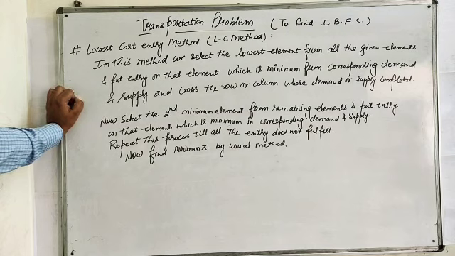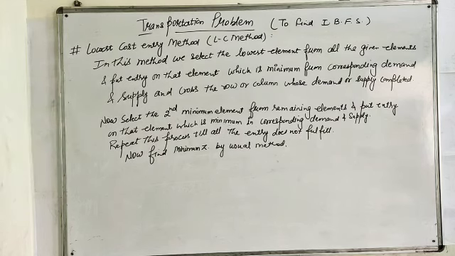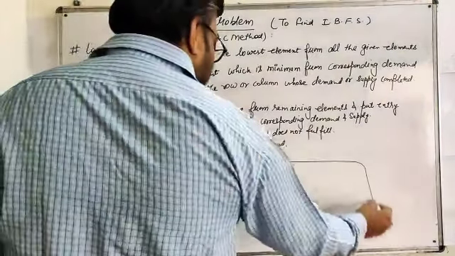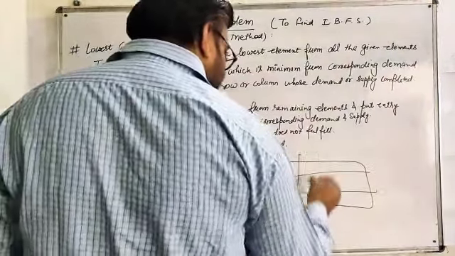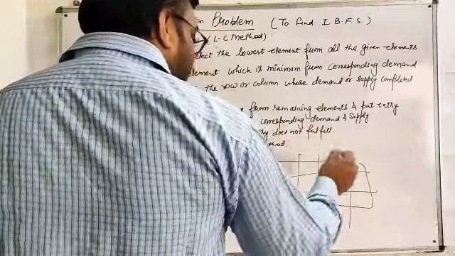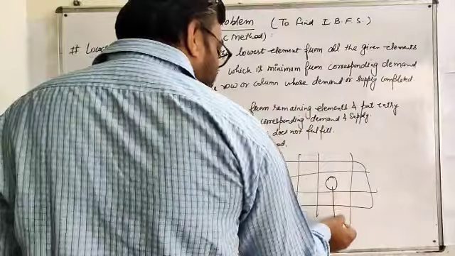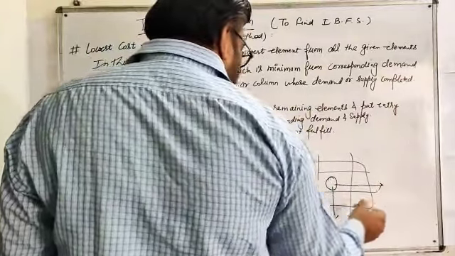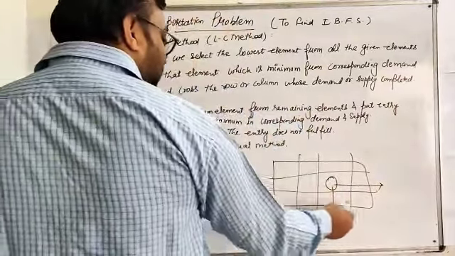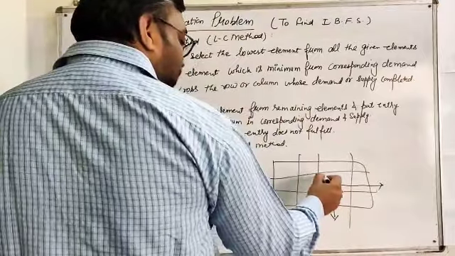That is, in this method we do not put an entry on the first element. We have to identify which element is minimum and put the first entry on that particular element. If this is a matrix containing some elements and suppose this element is the minimum, we have to fulfill the minimum of the corresponding demand and supply at this element.